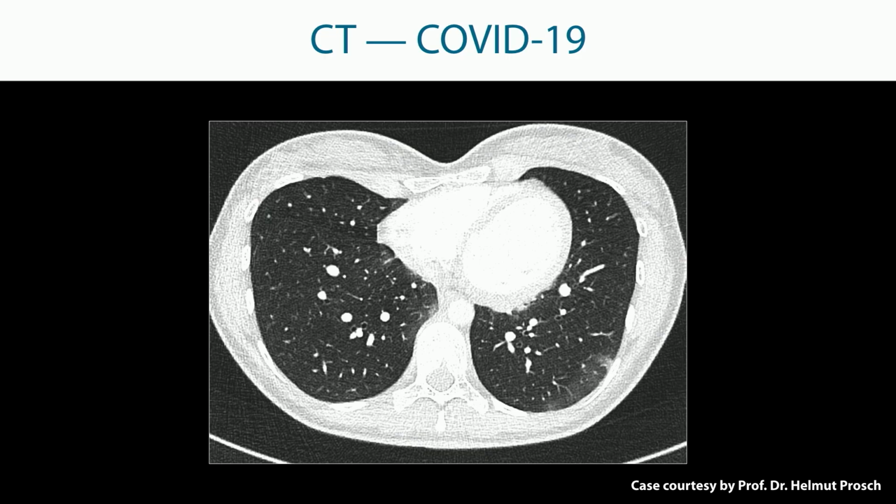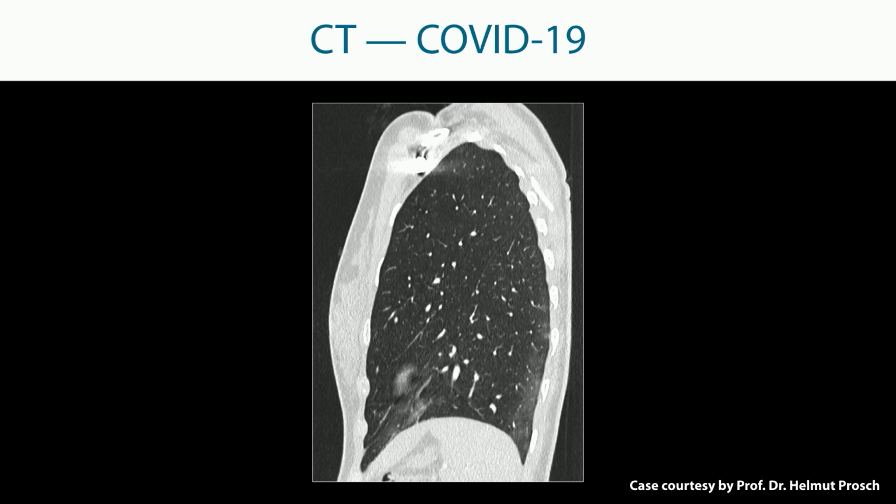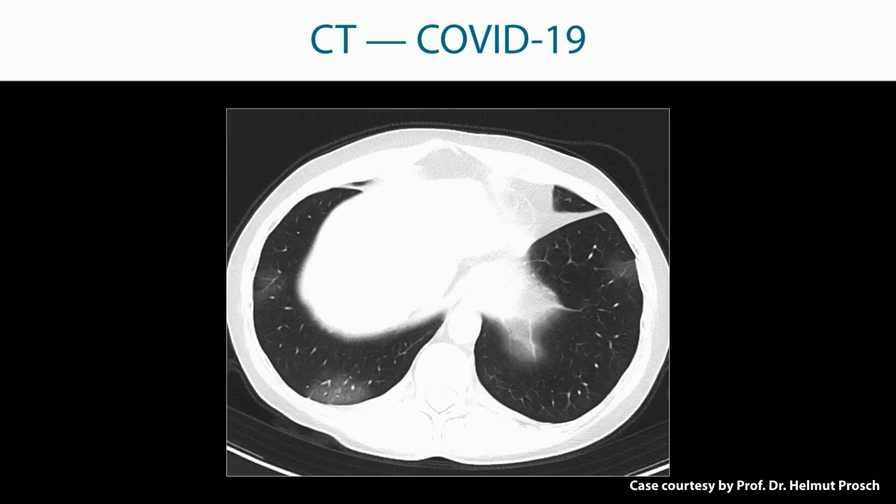What can we see in CT scans? We see this so-called ground glass pattern. It's normally localized more towards the chest wall, and it also starts at the lower parts of the chest. Here you can see again this ground glass pattern, here more in the lung, here it is located towards the chest wall.